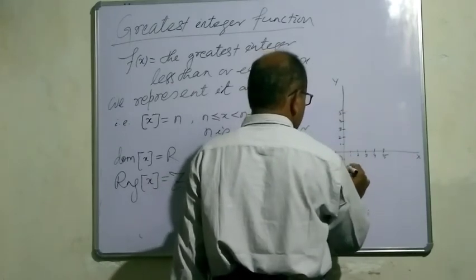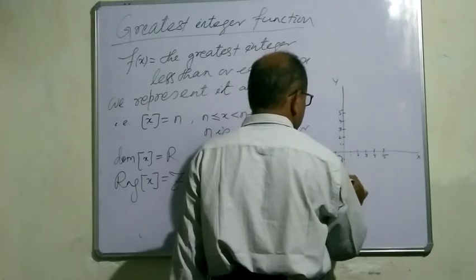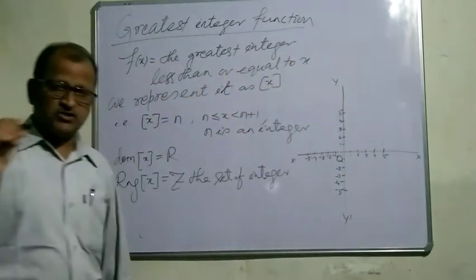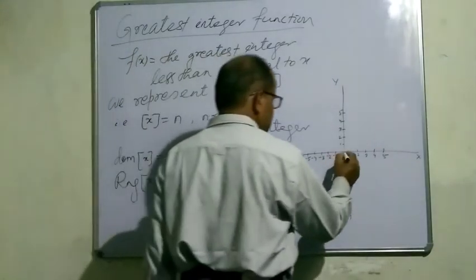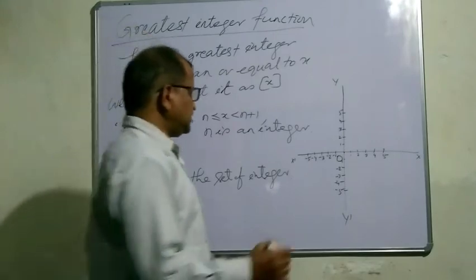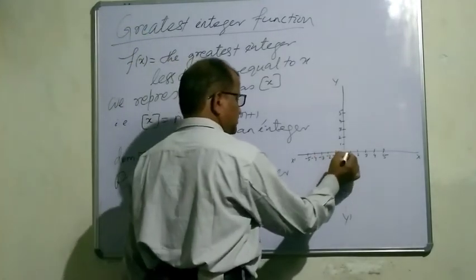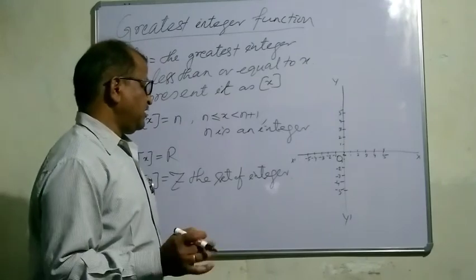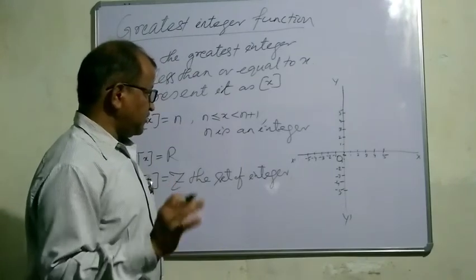Similarly on the y axis, 1, 2, 3, 4, 5 and -1, -2, -3, -4, -5. Like this. This is your coordinate plane, with (0, 0) the origin.